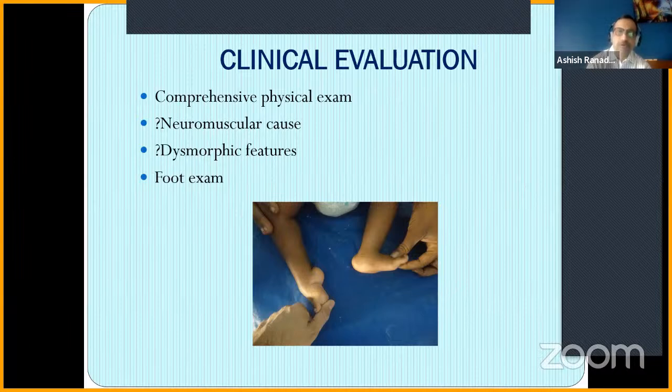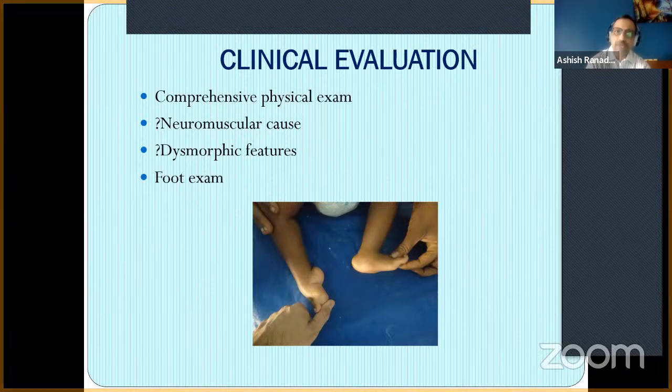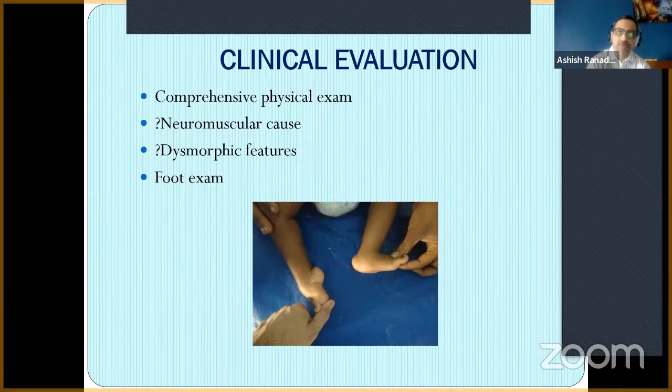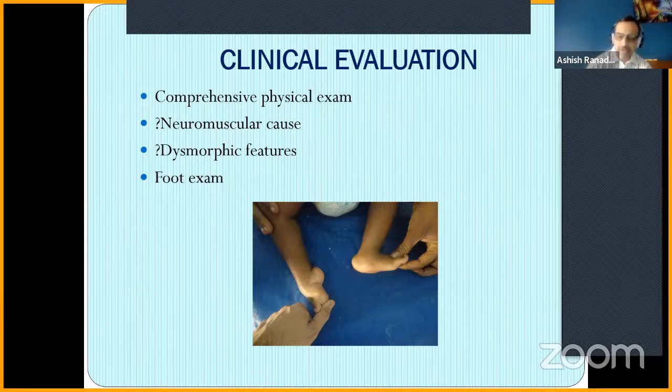Also, it is important to obtain MRI of the spine and brain if one is suspecting a neuromuscular cause. Then foot examination is very important. That will tell us how flexible or rigid the deformity is. And again, I stress the importance of whether the dorsolateral dislocation is reducible or not, and the correctability of the hindfoot equinus.